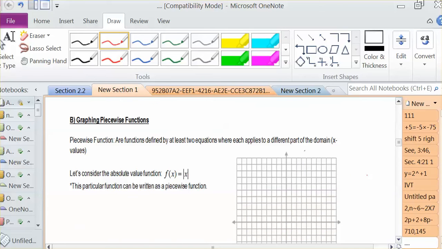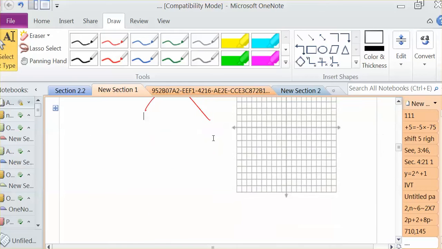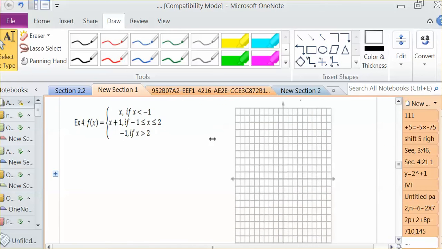Let's ignore this example for now, and let's move on to example 4. Now example 4, we have 3 equations, or they're expressions technically: y equals x, y equals x plus 1, y equals -1. So I want to start at -1 for y equals x, which is going to be right there.